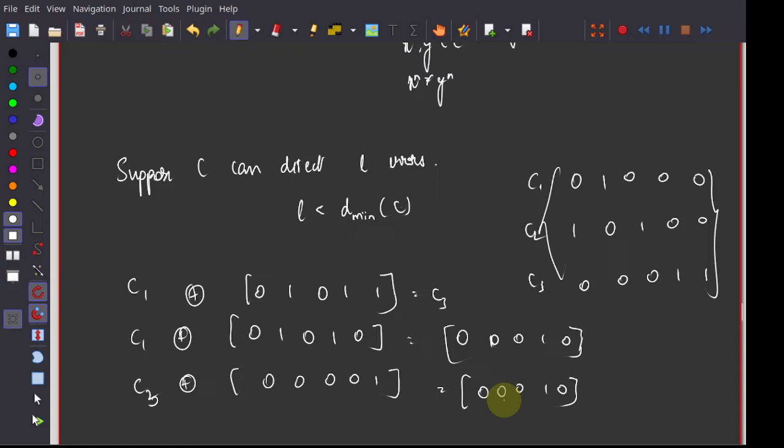So now do you claim that every error pattern of weight 2 can be corrected?